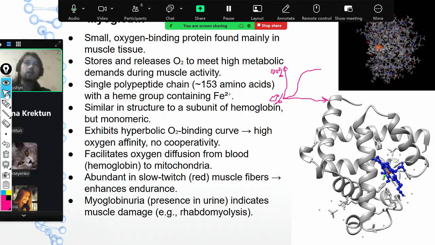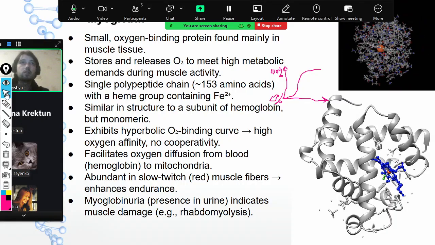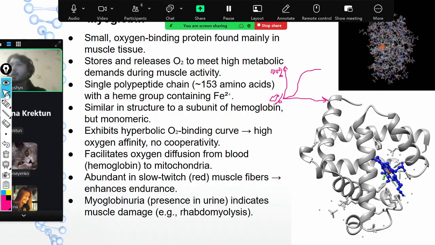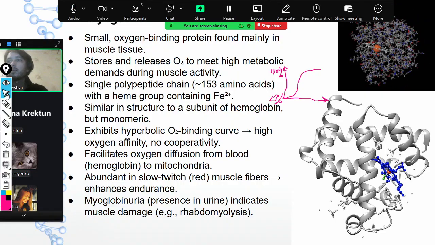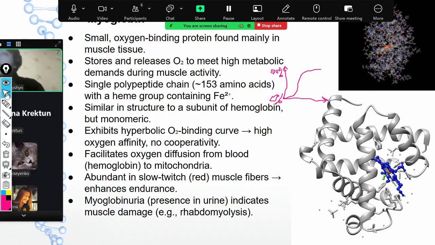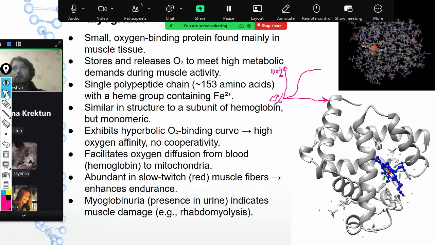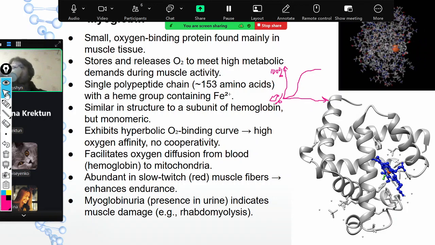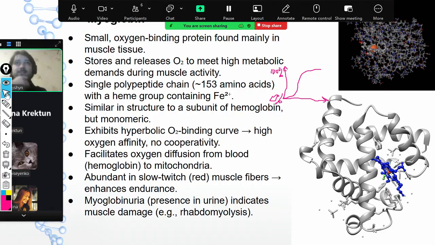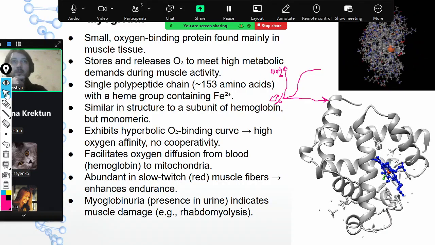Would you expect anything similar from the myoglobin? No idea.